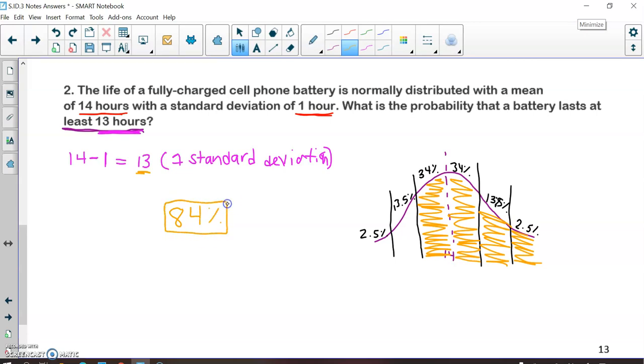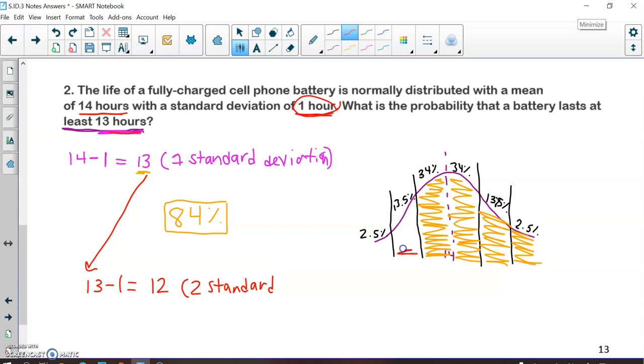Now if I asked you for at least 12 hours, I would need to take this 13 here and subtract another standard deviation to get 12 hours, which means 12 hours lies within 2 standard deviations of the mean.